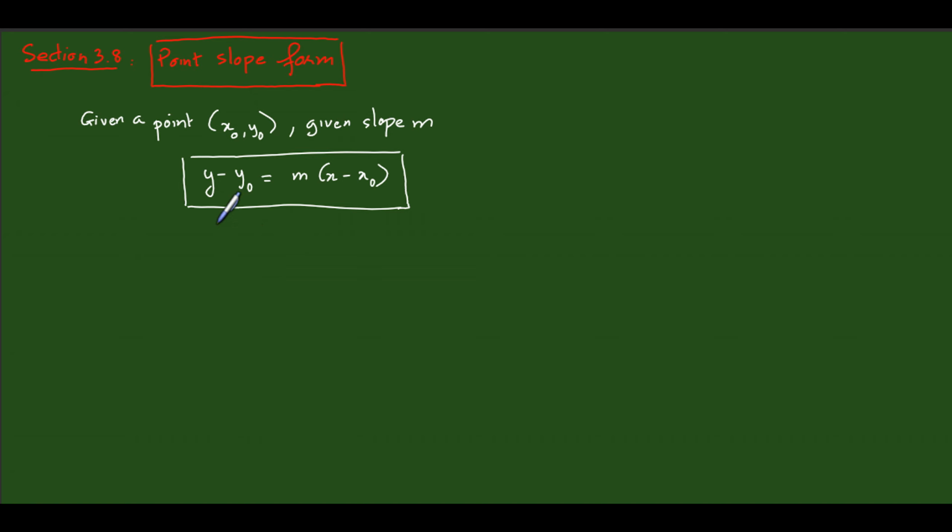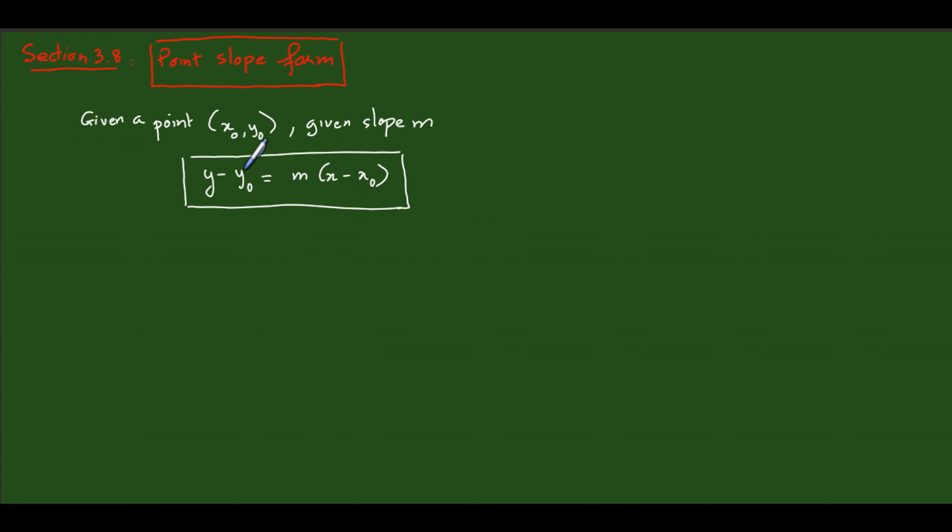Okay. So again, y is one of the variables, and we call this the dependent variable, and this is independent. So y0 is, I'm sorry, y0 is the dependent variable and x0 is the independent variable.